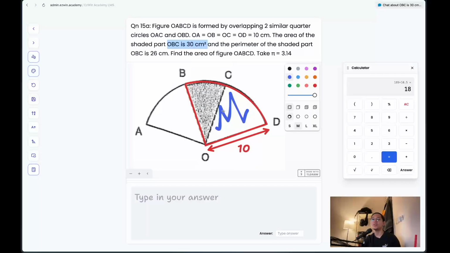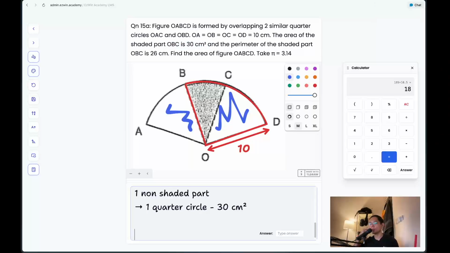And since they are overlapping, that means this part is also the same. So if we can find these two areas of the unshaded part, then add 30 centimeters square, we can find the area of this whole figure. So to find one non-shaded part, we need to find one quarter circle minus 30 centimeters square.